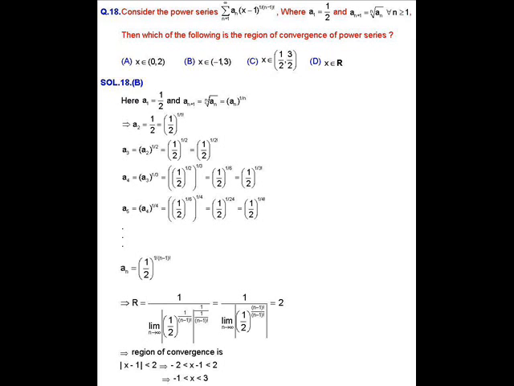Here a2 is equal to a1 whole raised to 1 by 1 factorial, that is, 1 by 2 raised to 1 by 1 factorial. a3 is equal to a2 whole raised to 1 by 2, that is, 1 by 2 to the power 1 by 2 factorial. Similarly a4 is equal to 1 by 2 whole raised to 1 by 3 factorial, a5 is equal to 1 by 2 whole raised to 1 by 4 factorial. Similarly we can write an is equal to 1 by 2 whole raised to 1 by (n minus 1) factorial.